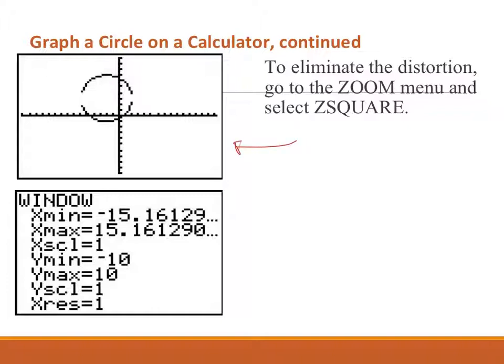So there it is. If you go to the Window key, that is what it looks like there. You can always adjust the size of your circle by either increasing or decreasing it by going to the Window key and changing the scales on your calculator.